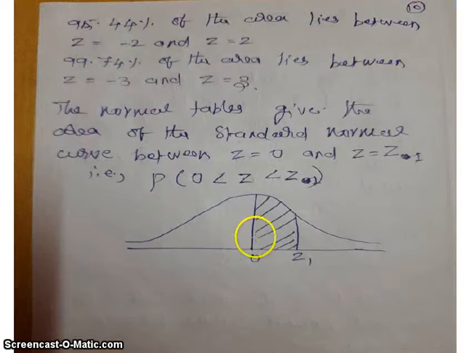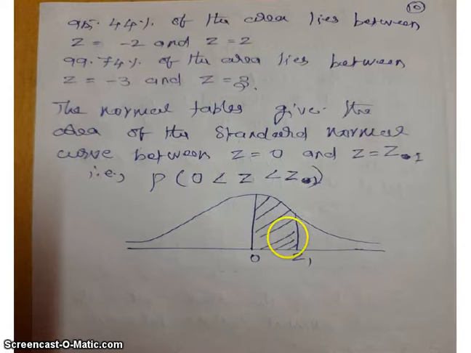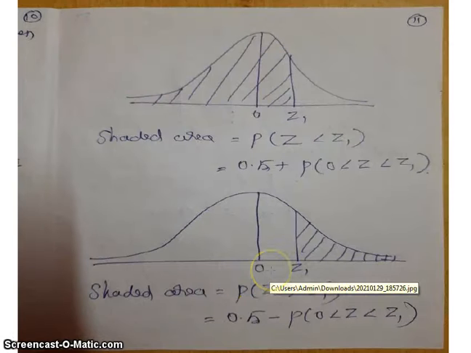For example, the area under the normal curve between z equal to 0 and z equal to z1 is written as P of 0 less than z less than z1. So between 0 and z1, this portion is the area under the normal curve.